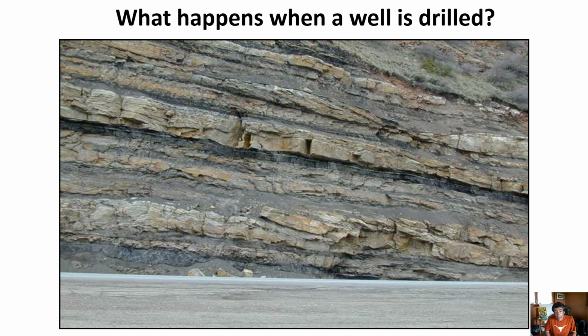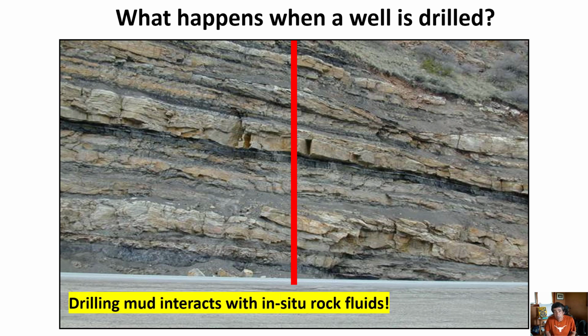So what happens? What is the origin of the spontaneous potential log? It comes from the drilling process. When you drill a well, going through a siliciclastic sequence or any sequence for that matter, what happens is that one exposes or makes contact with the fluids in the formation.